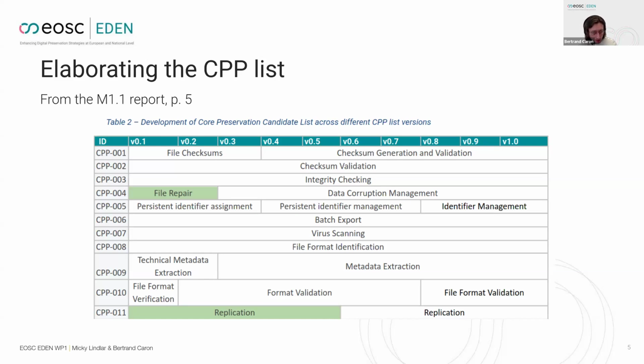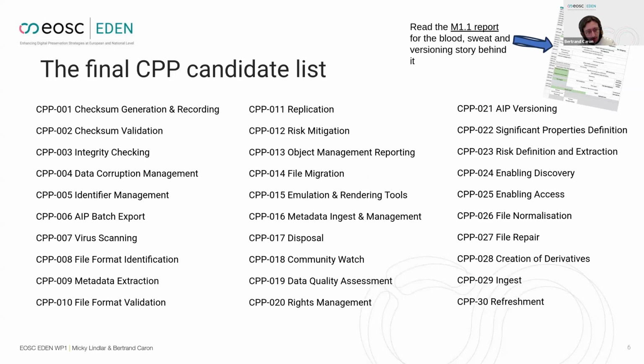Just here to highlight the fact that we really want the CPPs to be a living resource, and that we want it in the coming months, but possibly years also, to be enriched and improved in a regular way. So that's something that I think is important to highlight. So that's the elaboration of this list that led to this final, at least for our first milestone. These are the 30 CPPs that we defined.